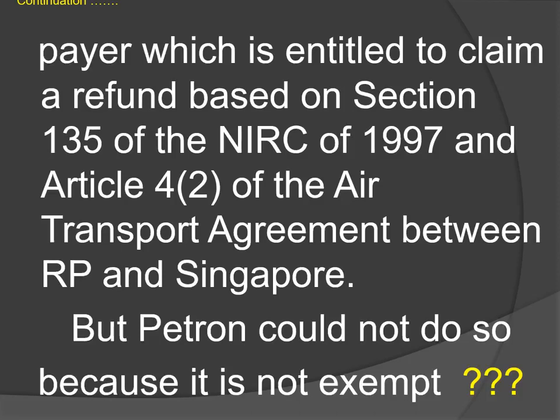So, for example, if PAL, the national carrier of the Philippines, goes to Singapore, loads gasoline in Singapore, or buys goods for its duty-free shop, it is exempted from the payment of any tax imposed by Singapore. By the same token, under the same agreement, if a flag carrier of Singapore, such as Silk Air, buys aviation gas in the Philippines, or other items, it should also not be subject to the payment of taxes. That's the issue there.